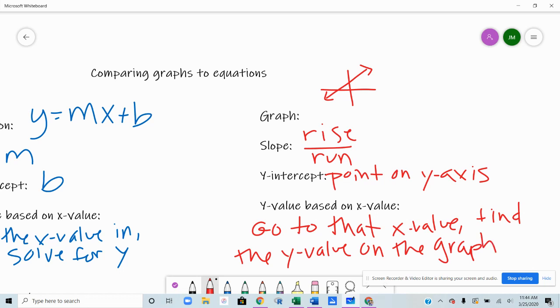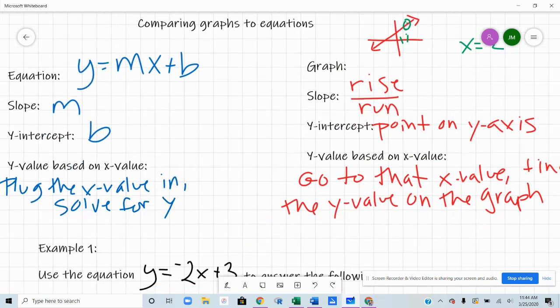And like I said, we'll look at an example that'll make a little bit more sense when we go through an example together. But basically, if I come up to this graph, if I tell you that x is 2, I'm going to go to wherever x is 2, and I'm going to see what is that y value. Okay, so we'll see an example of that here in a second.